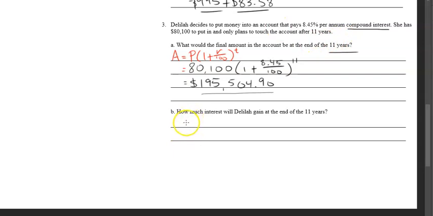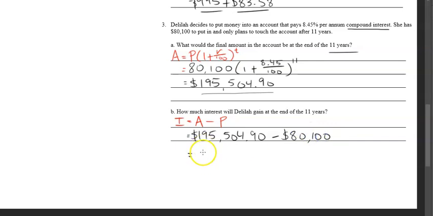Lastly, how much interest will Delilah gain at the end of the 11 years? To get our interest amount, we have to get the amount that she ended up with at the end of the 11 years and take away her starting amount, which is her principal. Or in this case, we're finding the difference between $195,504.90 and how much she initially started with, $80,100.